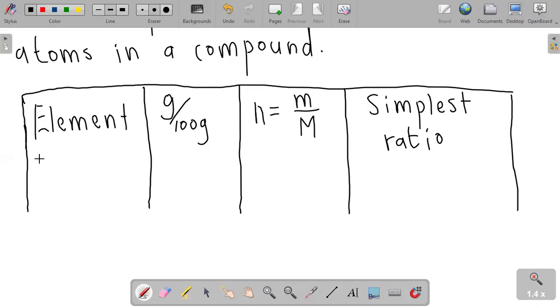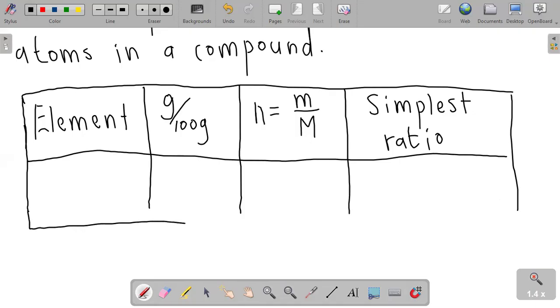So we write down all the elements that we have in the first column, all the elements in that sample. Then the percentages are written in the second column. We then use those percentages to calculate the number of moles, and after that we find the simplest ratio.